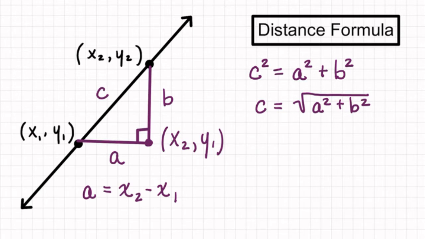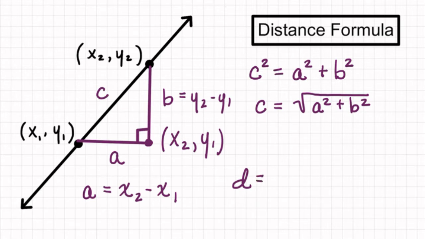If we look at b, that's going to be the distance between the right angle and the point above. So that's going to have coordinates of y2 minus y1. And we can go back to our formula, and let's use d for distance.